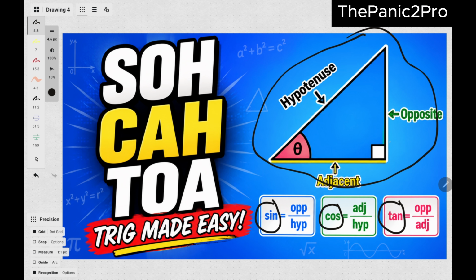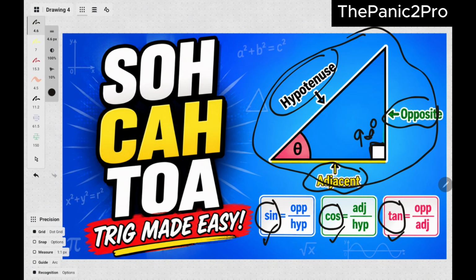Let's say you have a triangle with a right angle, 90 degrees, and based on the adjacent, opposite, and hypotenuse legs, we are going to define sine, cosine, and tangent.